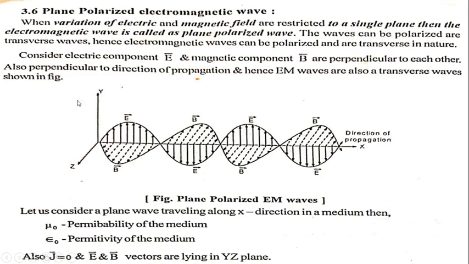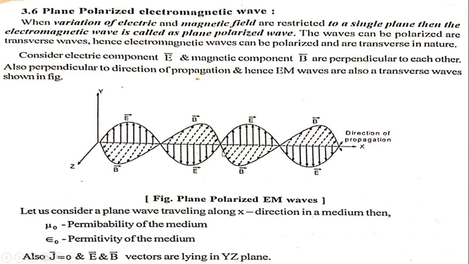Now consider the electric component E bar, see in the figure, and the magnetic component B bar, which are perpendicular to each other. See that shaded portion of the wave in the figure, that is the electric component as shown, and another component, the magnetic component B bar, is also shown in the figure.